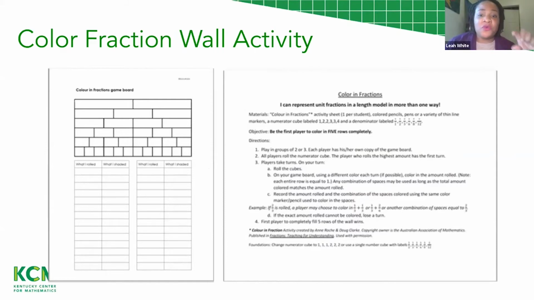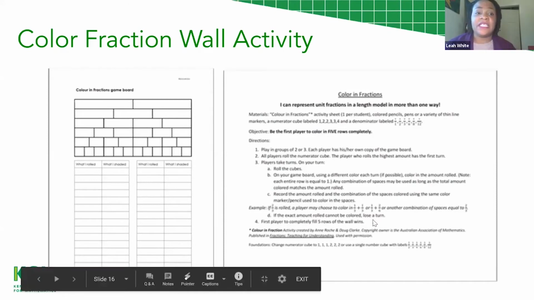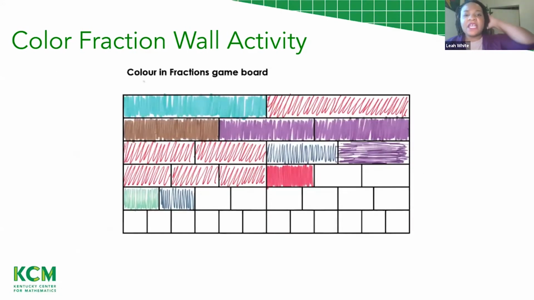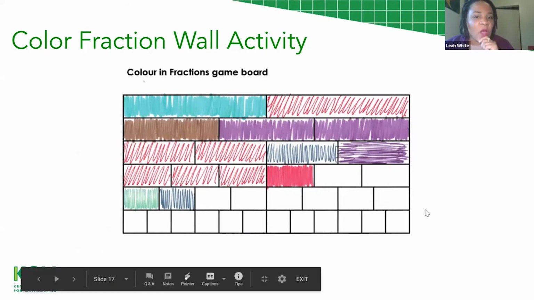You have 2 cubes, and you number 1 cube accordingly, and then you have stars on the other cube. They roll the cubes, and students have to color in the fraction that they found. And so I thought this was a really good activity. Experiences with fractions, manipulating those linear models is what the students need in front of them. And so here's a picture of the color fraction wall activity.